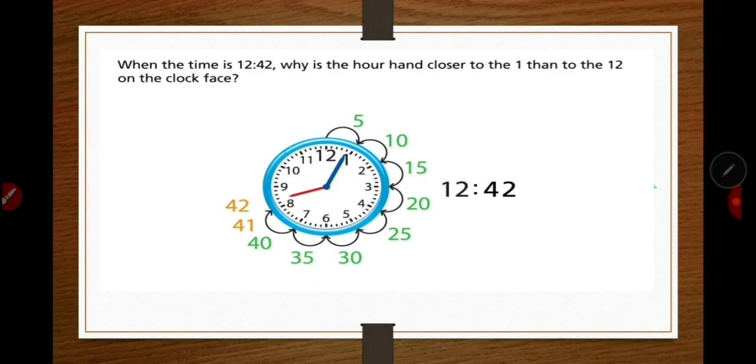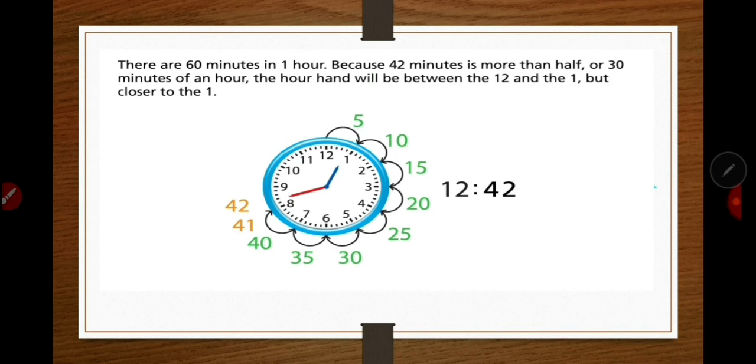When the time is 12:42, why is the hour hand closer to the 1 than to the 12 on the clock face? There are 60 minutes in 1 hour. Because 42 minutes is more than half, or 30 minutes, of an hour, the hour hand will be between the 12 and the 1, but closer to the 1.